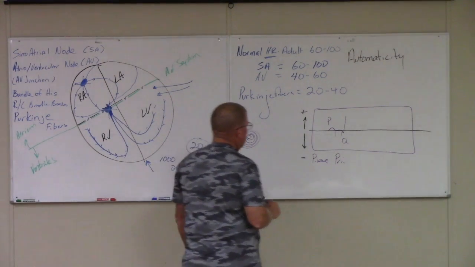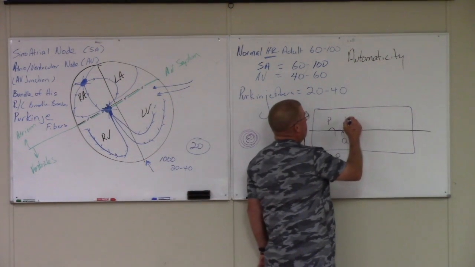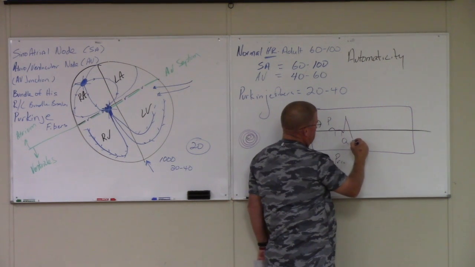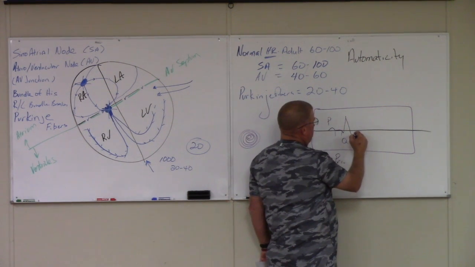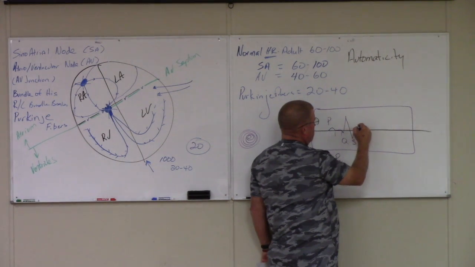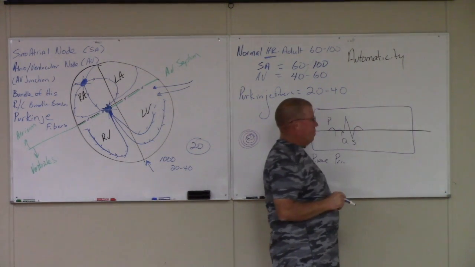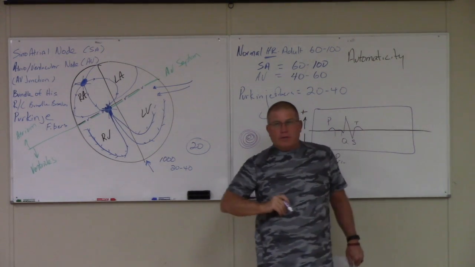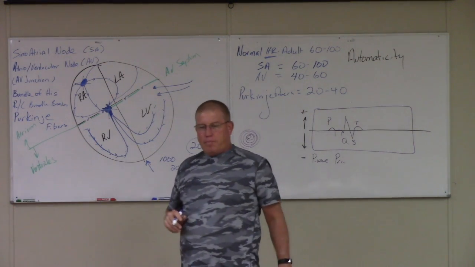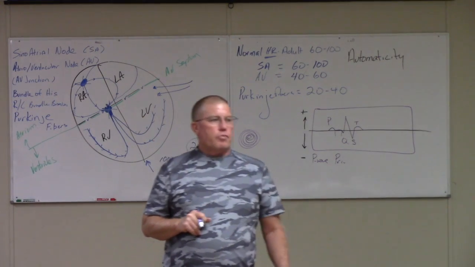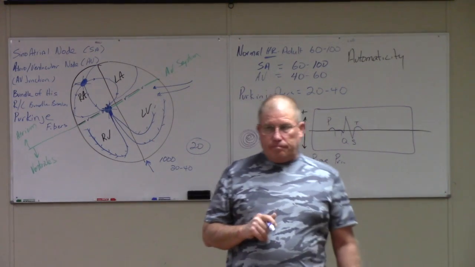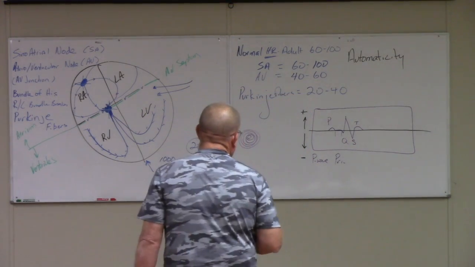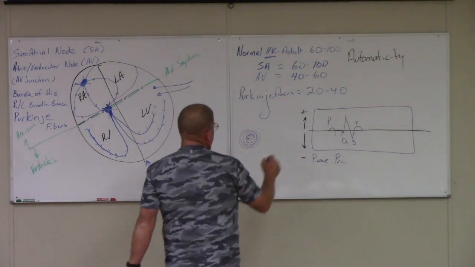So you've got a Q, then you've got an R. If it happens to go negative, we call that the S. And then it comes back up and it reperfuses, picks up oxygen, you're going to see another positive, and we call that the T wave. Okay? The T wave is the reperfusion of the ventricles. Between the Q and the S, R.